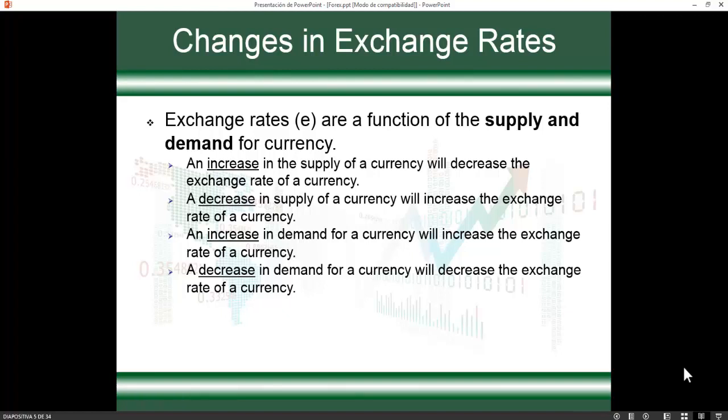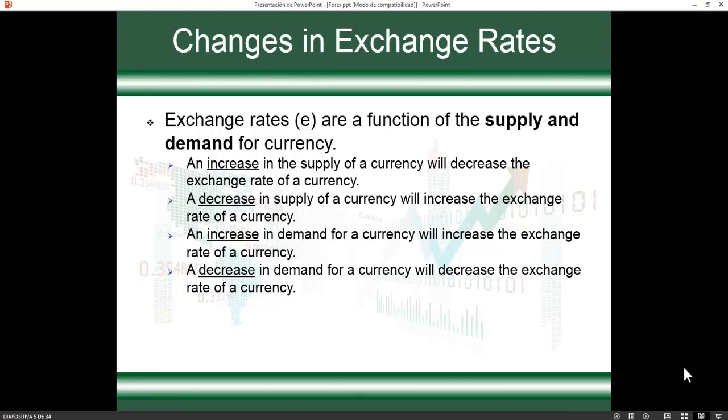So obviously an increase in the supply of a currency will decrease the exchange rate, the price of that currency, and a decrease in supply will increase the price. An increase of demand for that currency will increase the exchange rate, and a decrease of demand will decrease the price.